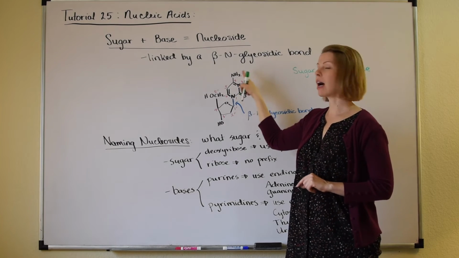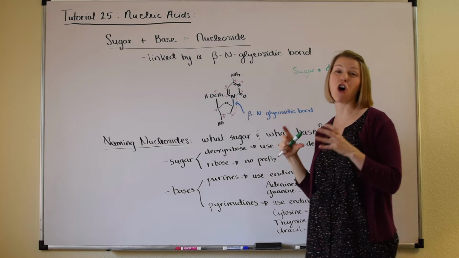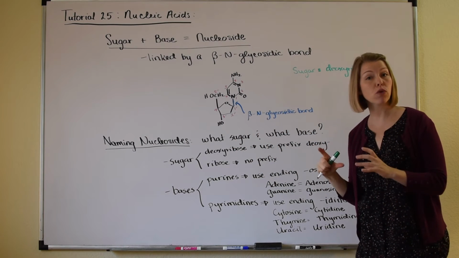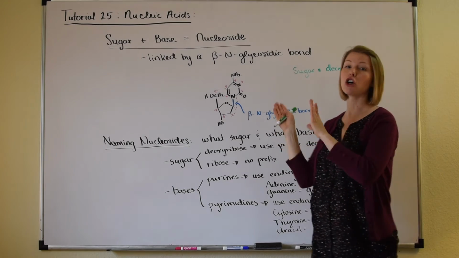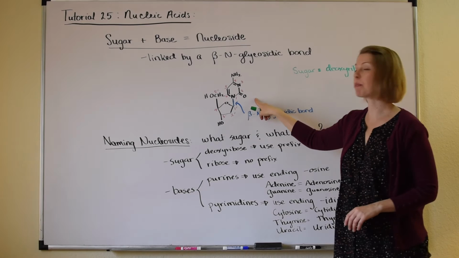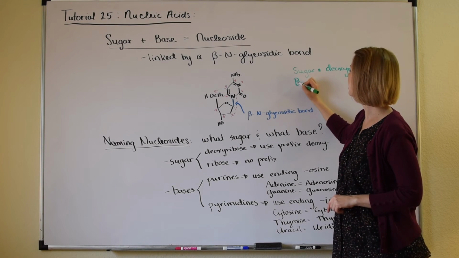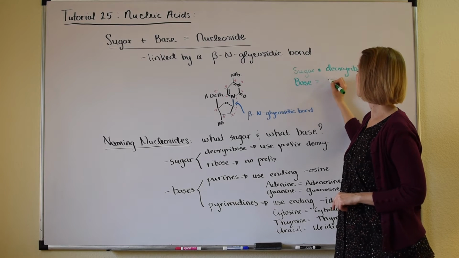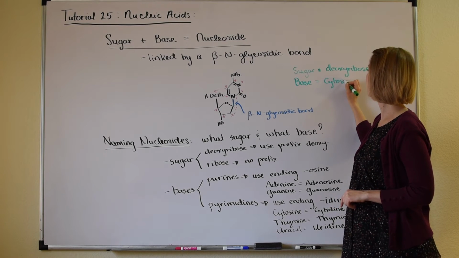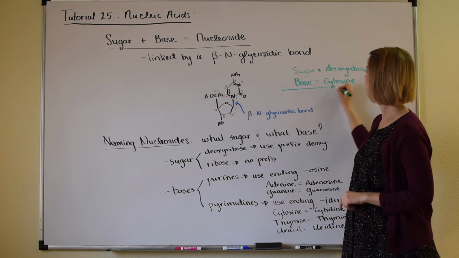The base, again, your instructor may or may not want you to memorize a specific structure for all 5. If you don't know the specific structure, look it up. I have them drawn on slide 3. You'll notice that I happen to have drawn cytosine. Okay, so the base is cytosine. Okay, so let's put those together.